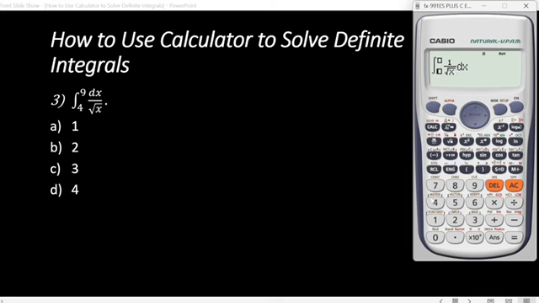Then we have the lower limit to be 4 and the upper limit to be 9. When we are done, we press equal to, and we have 2. Option A is 1, option B is 2, option C is 3, and option D is 4. So option B is the right answer for this question.